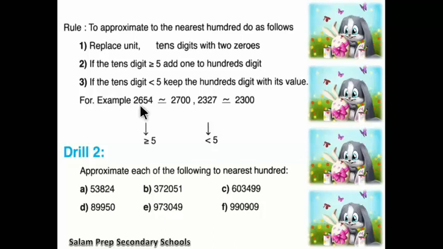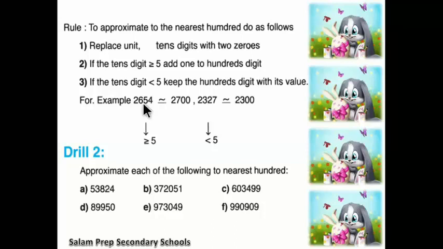Before hundreds is tens and units. Please write 0 in units and tens. Write 0 in units, write 0 in tens, okay? Now go to hundreds place, okay? Before hundreds place is tens place.